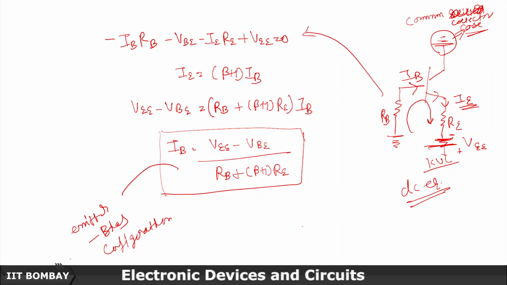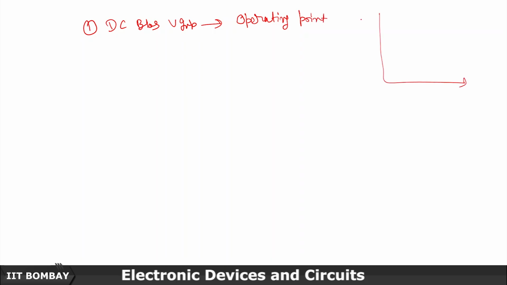So now the take home message from here is that the DC bias is very important, right? DC bias is very important. It decides your operating point. By operating point I mean in this curve IC versus VCE.